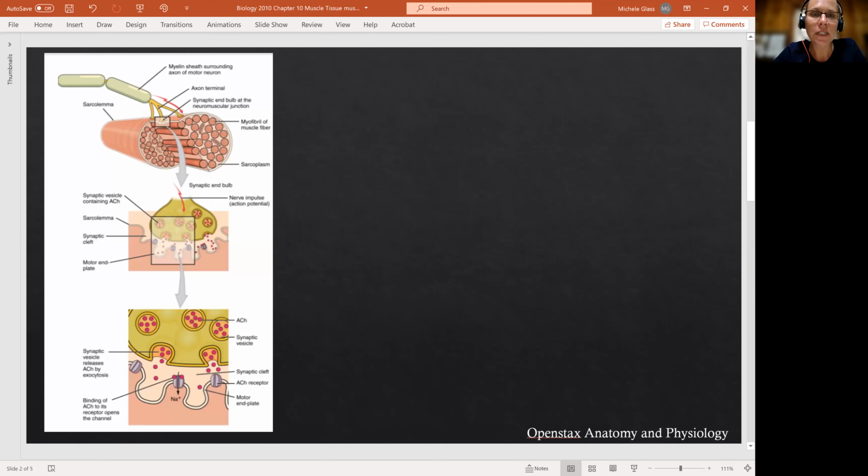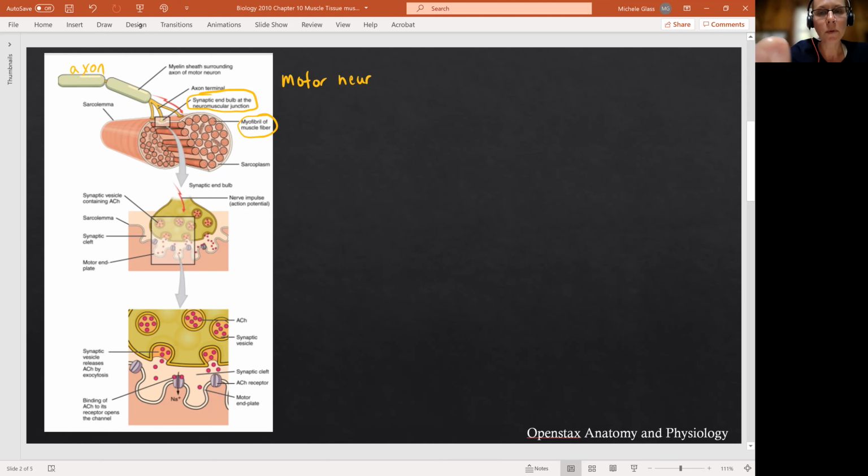Okay, so we've actually seen this picture before. This is our diagram from the OpenStax textbook. At the very top of the image, remember, we're seeing our axon from our motor neuron, and the enlarged end of that axon, the synaptic knob. And we're seeing our skeletal muscle fiber in that junction. So here, let's say this is that first big step.